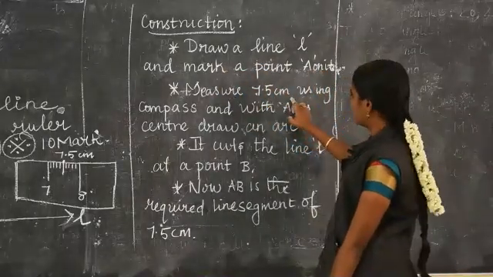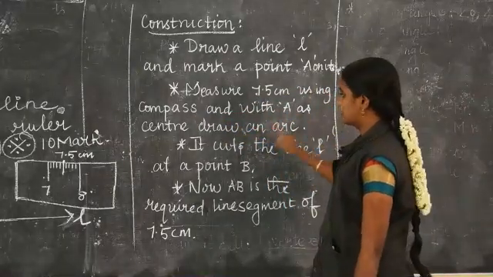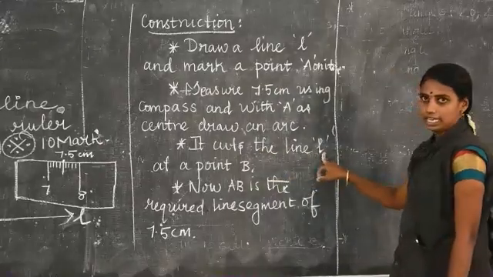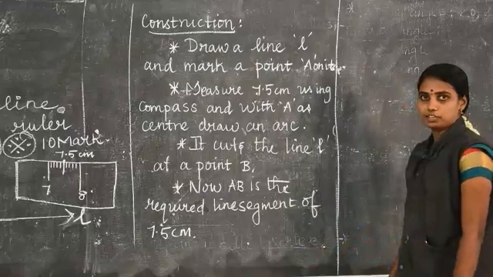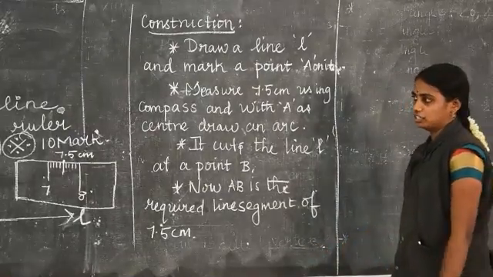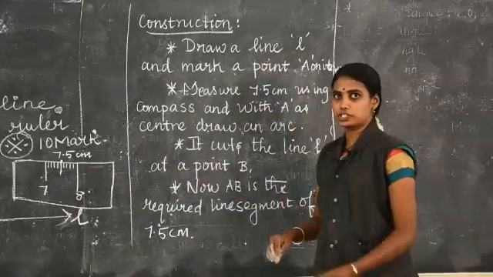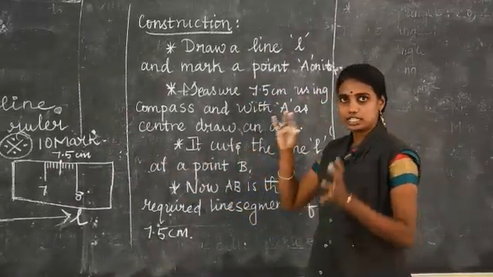Measure 7.5 centimeter using compass, and with A as center, draw an arc. It cuts the line L at a point B. Now AB is the required line segment of 7.5 centimeter. For the diagram 6 marks, for the construction 4 marks. Construction you should write. Very easy, understand the concept.